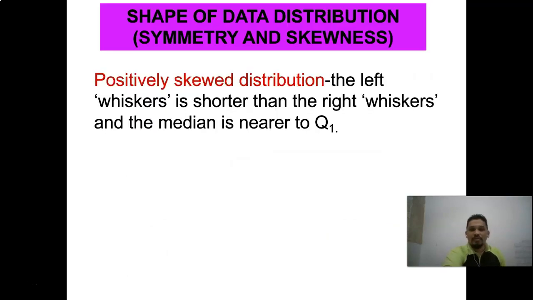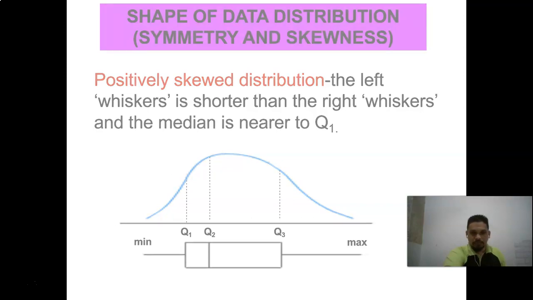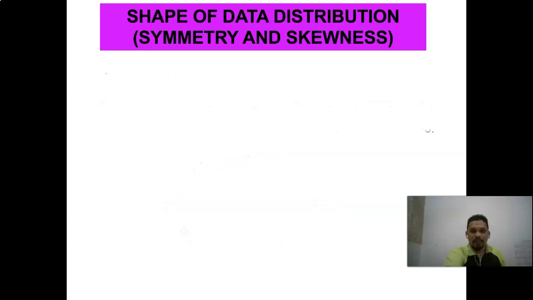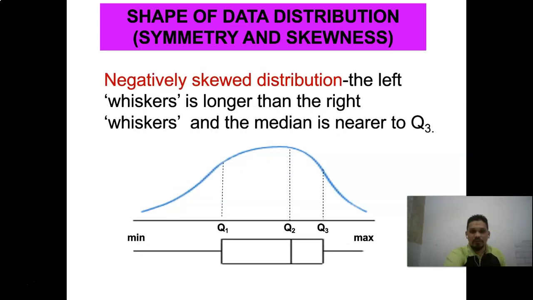For positively skewed, the left whisker is shorter than the right whisker, and the median is nearer to Q1. For negatively skewed distribution, the left whisker is longer than the right whisker, and the median is nearer to Q3. As you see on the screen now.